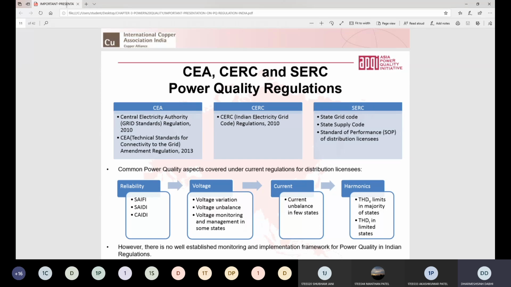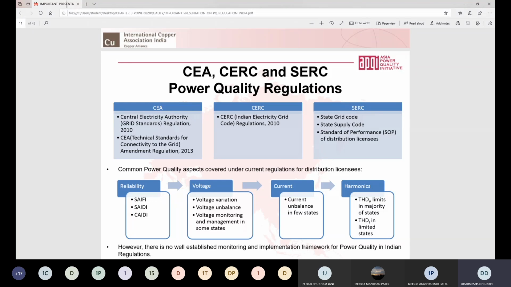There are basically 5 reliability indices: these three, SAIFI, SAIDI and CAIDI, and the other two, CAIFI, the Customer Average Interruption Frequency Index, and MAIFI, the Momentary Average Interruption Frequency Index. We are not going into detail about these, but just remember that these are the reliability criteria, based on which we can understand whether the system is reliable or not.